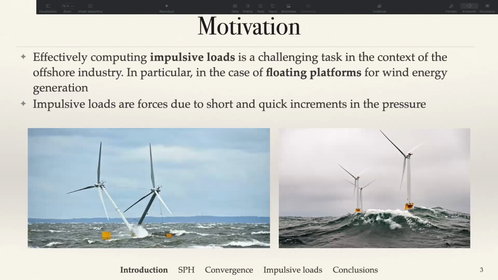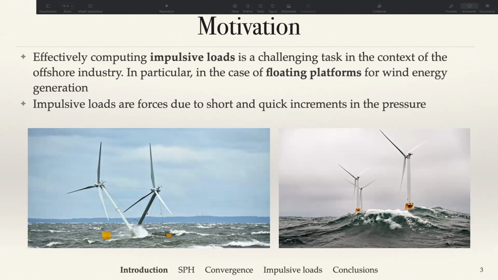So, effectively computing impulsive loads is a challenging task in the context of the offshore industry. In particular, recently attention has been paid to the development of stable, cheap, and easy to install floating platforms for wind energy turbines. In the design process of these platforms, a crucial step is the determination of the maximum design pressure, so that the scaling of the structure could be optimized.